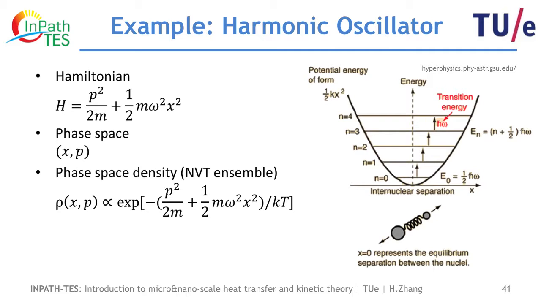In a system with only one harmonic oscillator, its Hamiltonian is simply the sum of kinetic energy and potential energy of the harmonic spring.